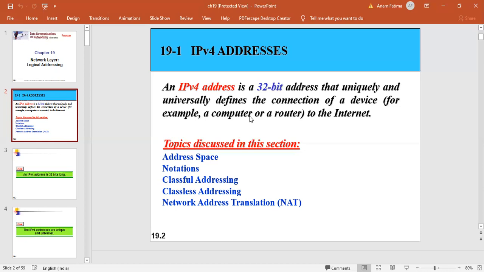There are a number of things associated with the functionalities of the network layer, because it is responsible for the delivery of individual packets from the source to the destination host. As I said, they will be traveling through internetworks, routers, and switches before reaching the final destination.